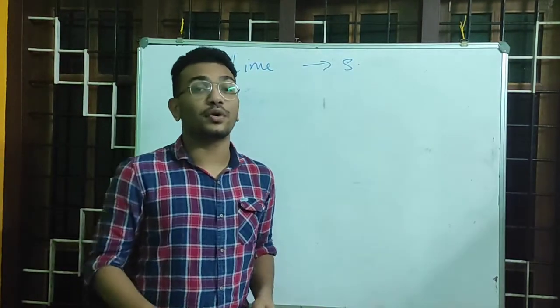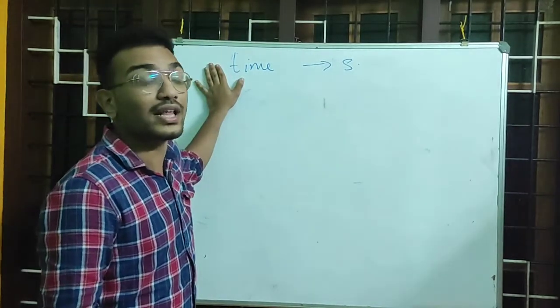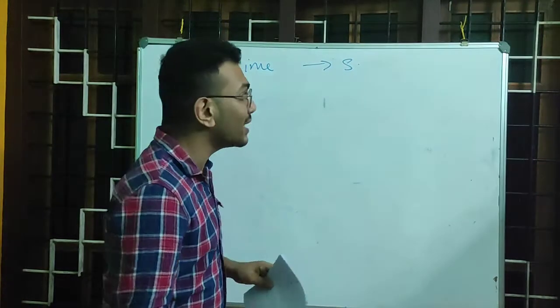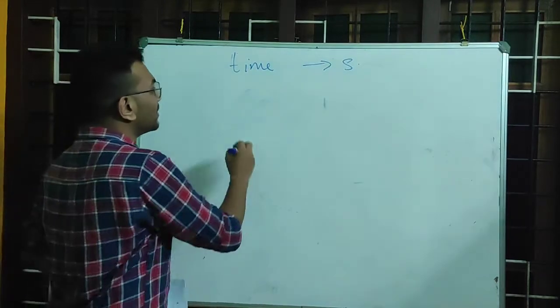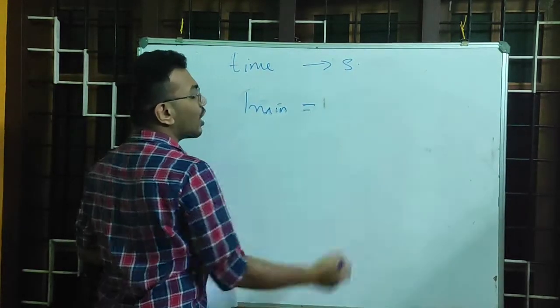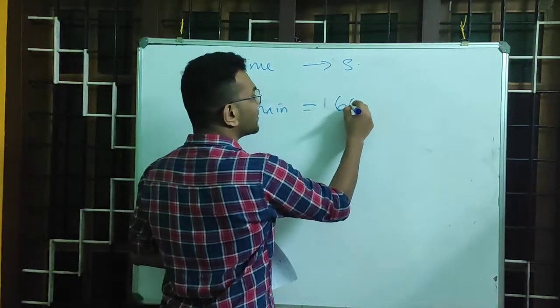Now let's discuss time. As we know, the SI unit of time is second. The other units of time include minute and hours. So let's do some conversions. 1 minute is equal to how many seconds? How many seconds constitute 1 minute? 60 seconds.